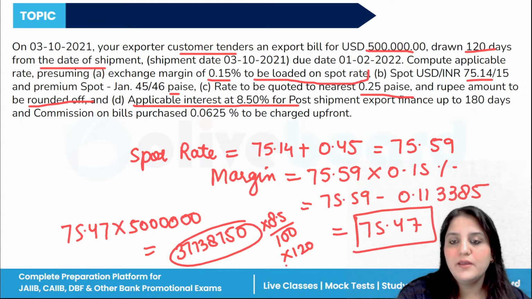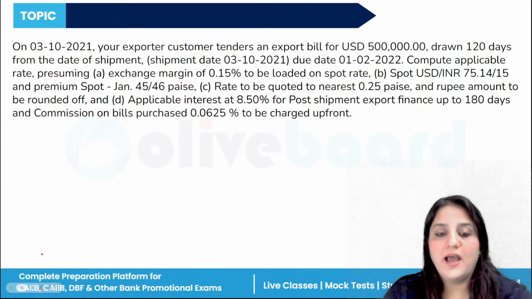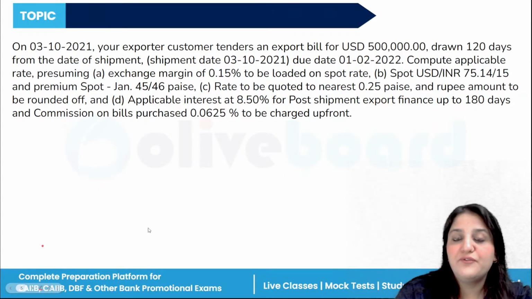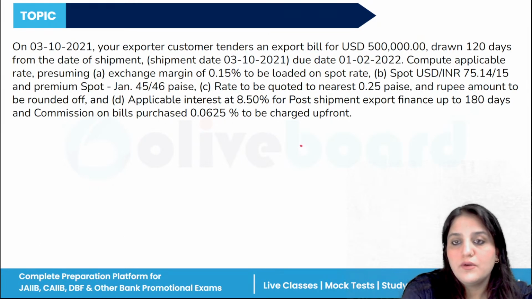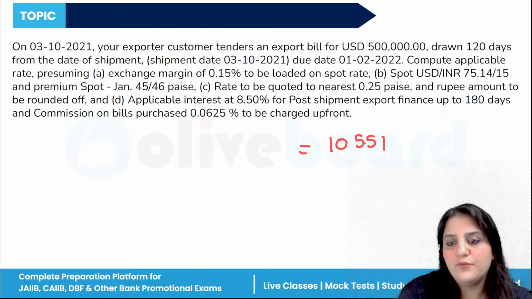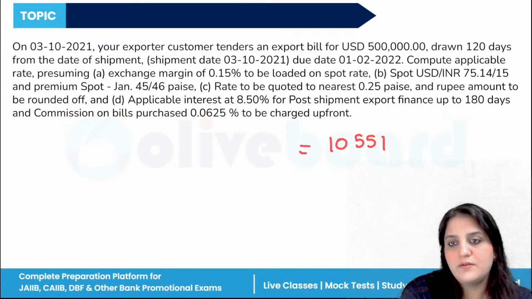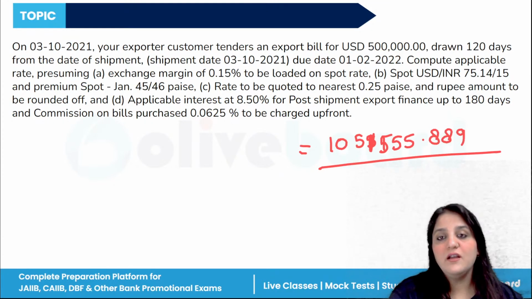So that is basically, I can say that after deducting bank charges, it is equals to 1051555.889. That will come after deducting the interest.